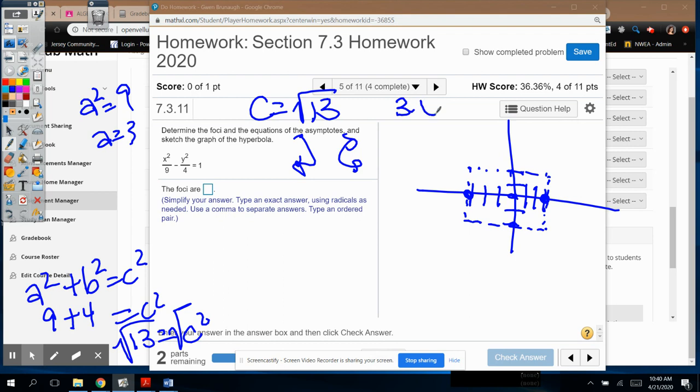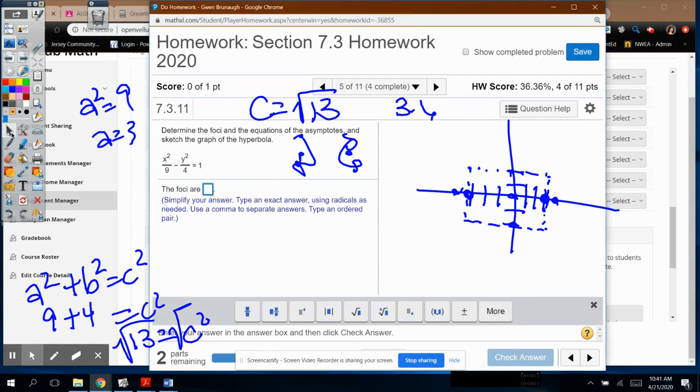And that's inside, because remember it's going like this, so the foci has to be here, so it's inside, so it's going to be like here and here. But you have to use the square root of 13. So you're going to go over square root of 13, up 0. And left square root of 13, negative square root of 13.